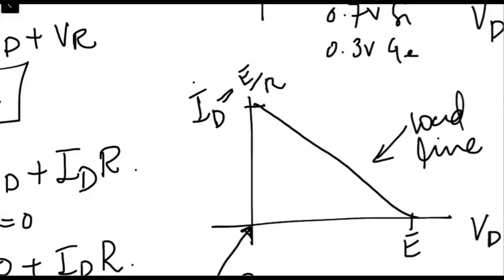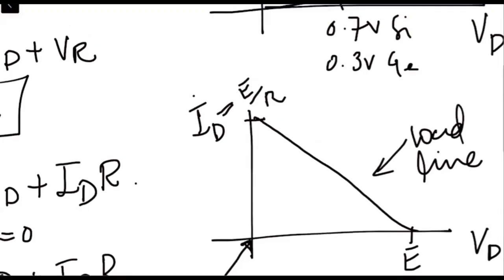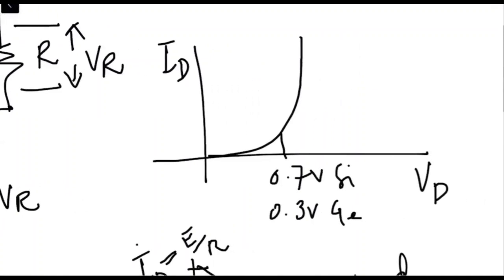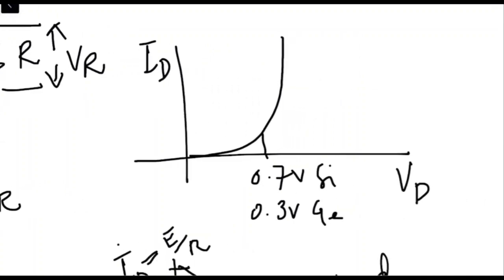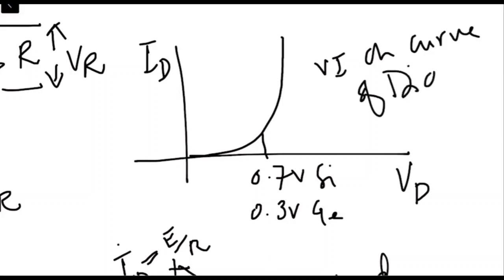And on the same graph, if we draw the characteristic curve, this is the VI characteristic curve of the diode.